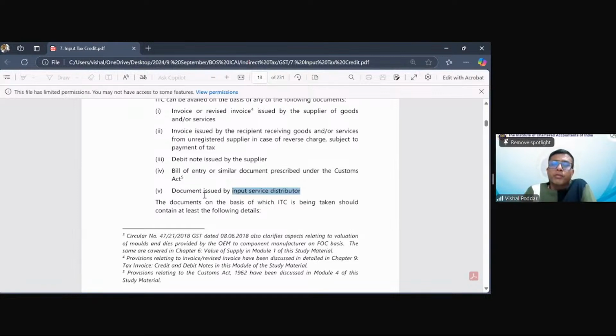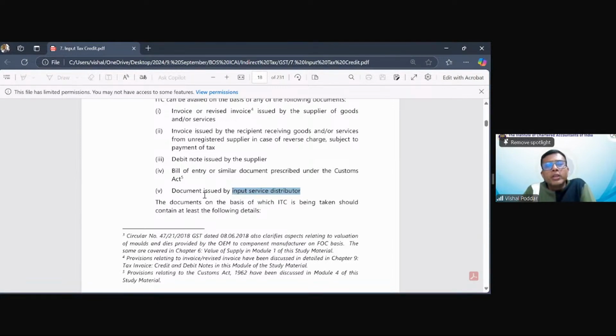Now, since this office does not have any outward supply because it is only doing management, the entire credit which is coming and sitting in this office is as good as wasted, because I cannot use or utilize this credit. I can only avail and keep it. Availing and keeping does not give you benefit. Actual benefit is when you set off this against your output liability. Since I do not have any output liability, this credit is going waste.